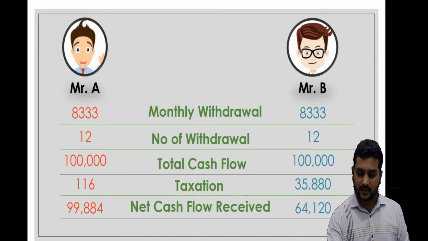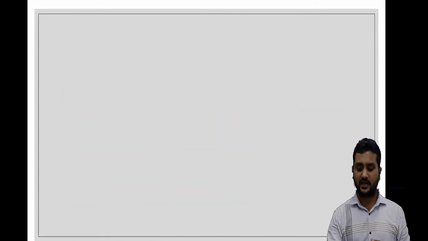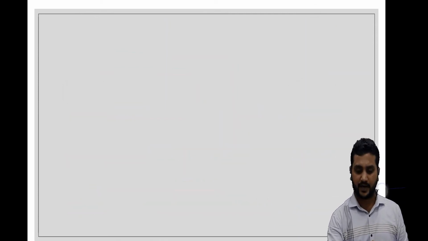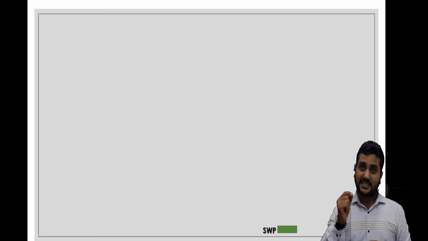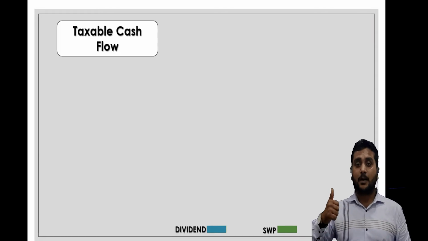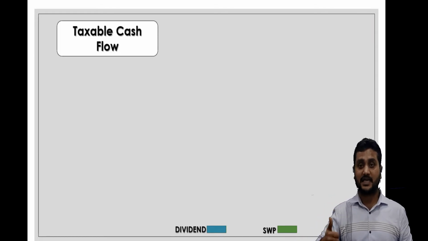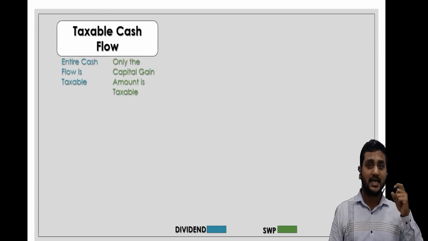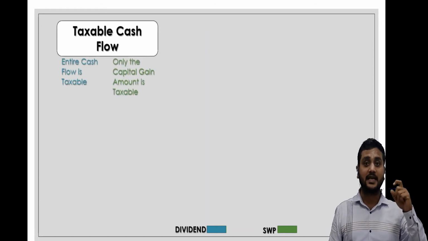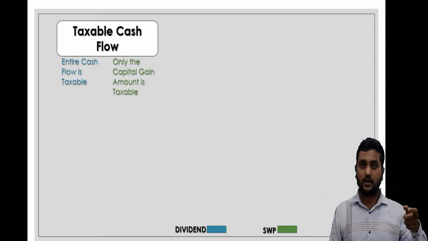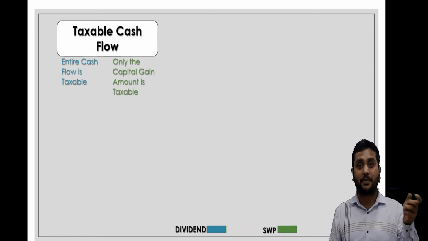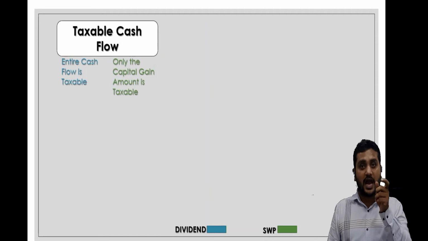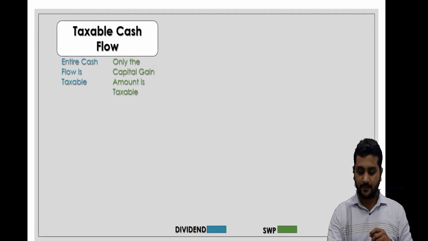Let us now understand the major differences between dividend and SWP. The taxable cash flow: in dividend, the complete amount is taxable as per my tax slab, but in SWP, only the capital gains are taxable, because the units are being sold. So it will always have my principal plus my appreciation, and only the appreciation part is taxable.